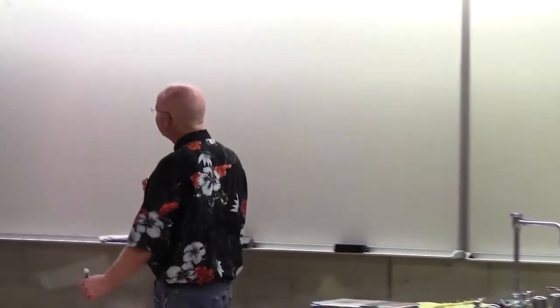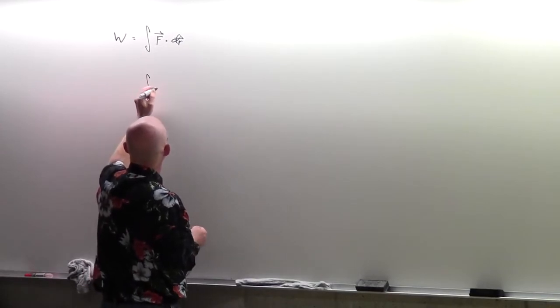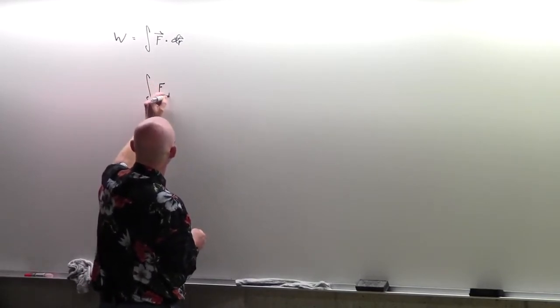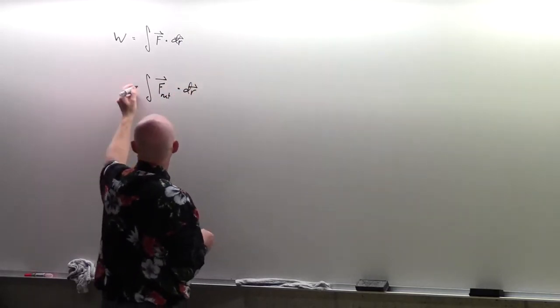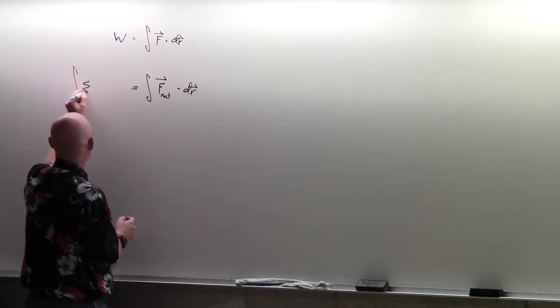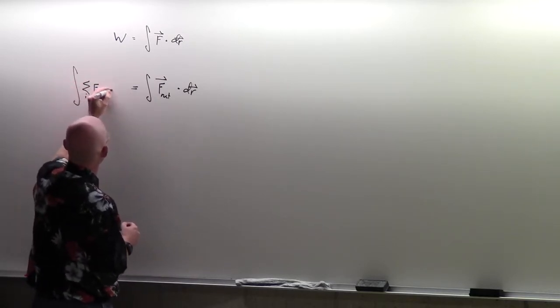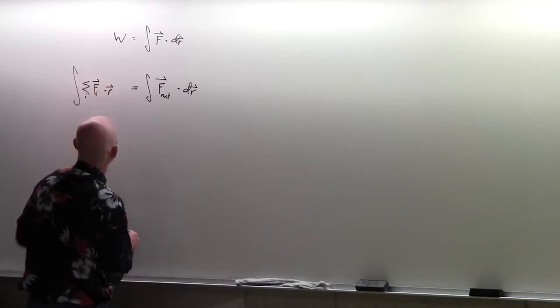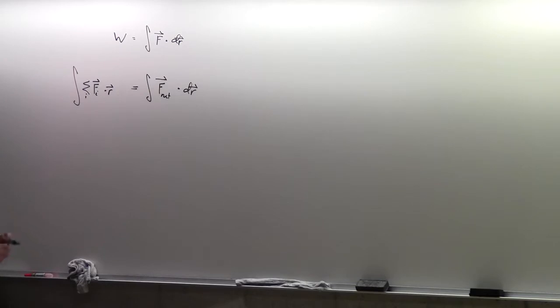Then from there we said, let's look at the net force and integrate it, because that would be the same as adding up the individual forces dotted with the distance moved. And so we solved both sides of this equation.